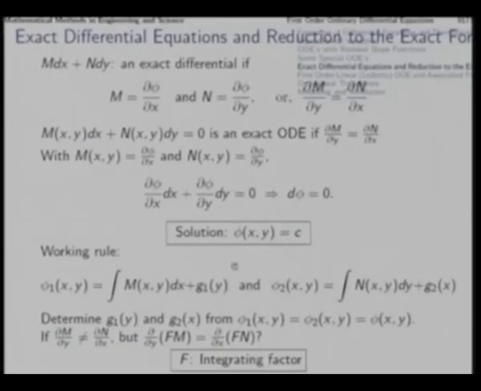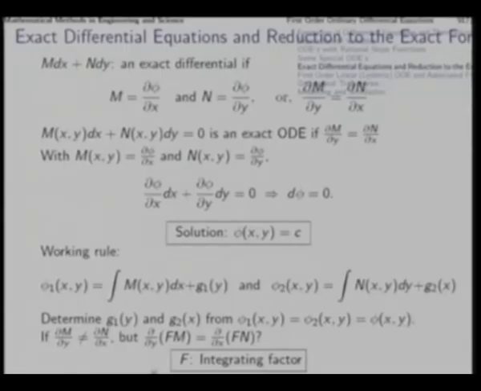Similarly, here when you integrate this part with respect to y partially, then you consider x as a constant, and therefore, in the arbitrary constant you include a function of x. And then when you say that these two should mean the same thing, we try to determine g1 y and g2 x such that this entire solution and this entire solution turn out to be same, and that gives you the particular case of g1 and g2 which will make it same, and that is the solution.